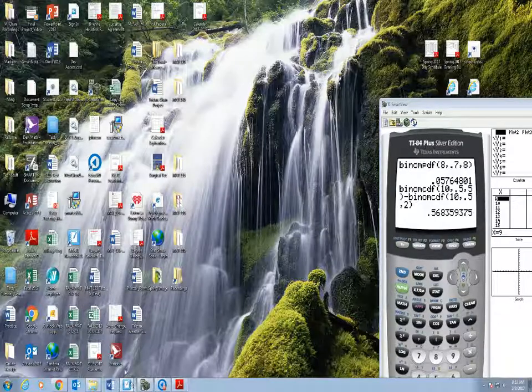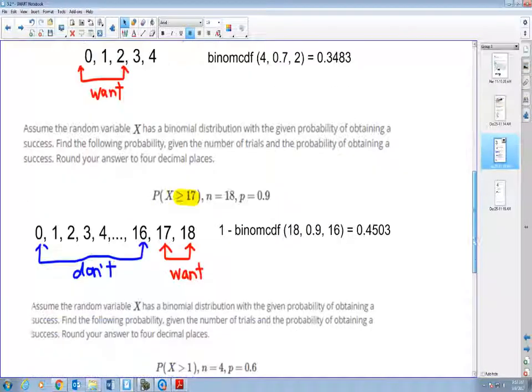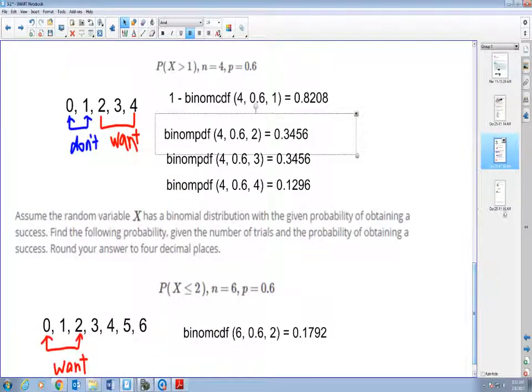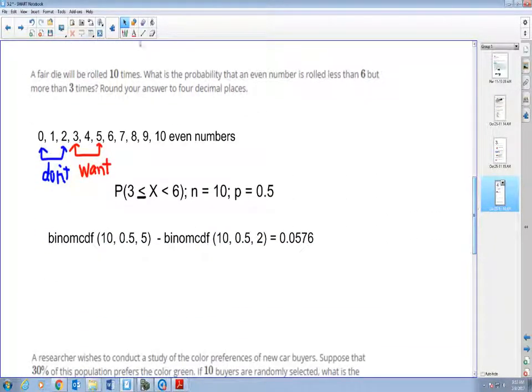So if it's greater than 3, that means I cannot count 3. See how easy it is to get tripped up? What the problem is saying is less than 6, more than 3. So what you actually want is only 4 and 5.